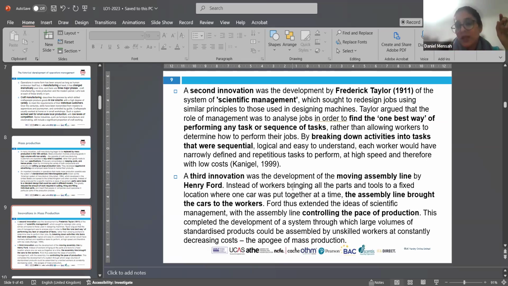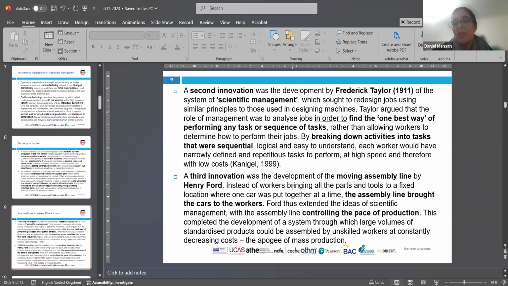Instead of workers bringing the parts of the cars to one place and assembling them, it was like the conveyor at the airport. They have a kind of belt that is moving, and the product comes to the worker or laborer there, who does their task.